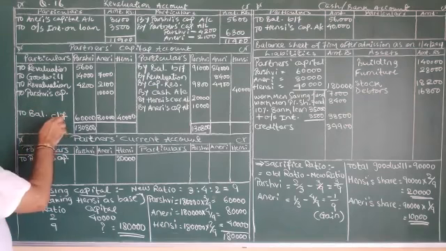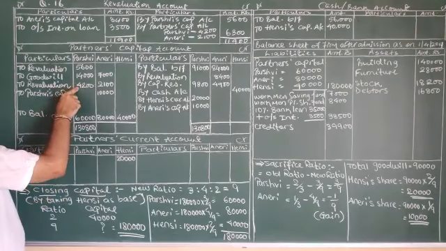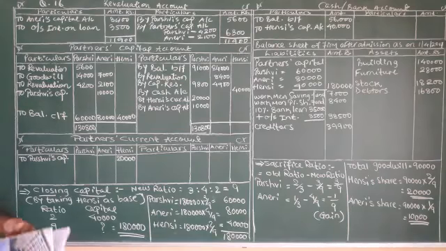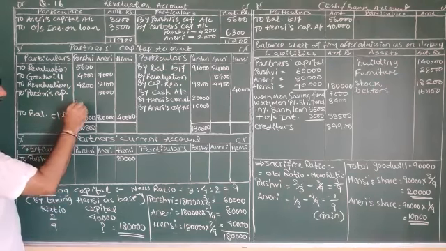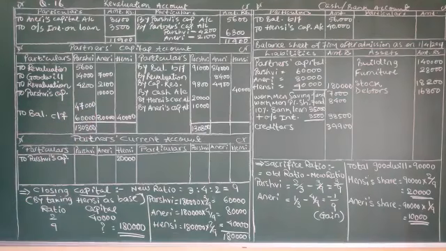Now the difference: 1,30,800 minus 60,000 minus 4,200 minus 14,000 minus 5,600. So the difference is 47,000.